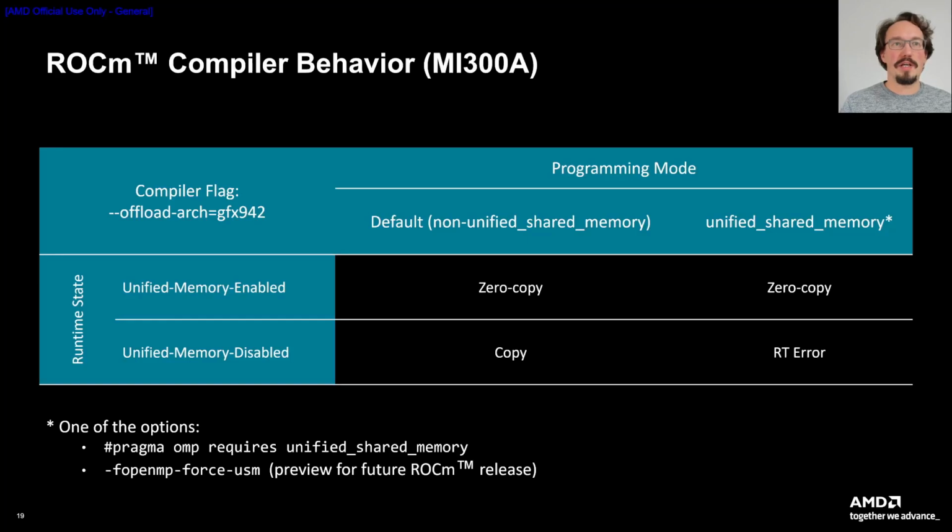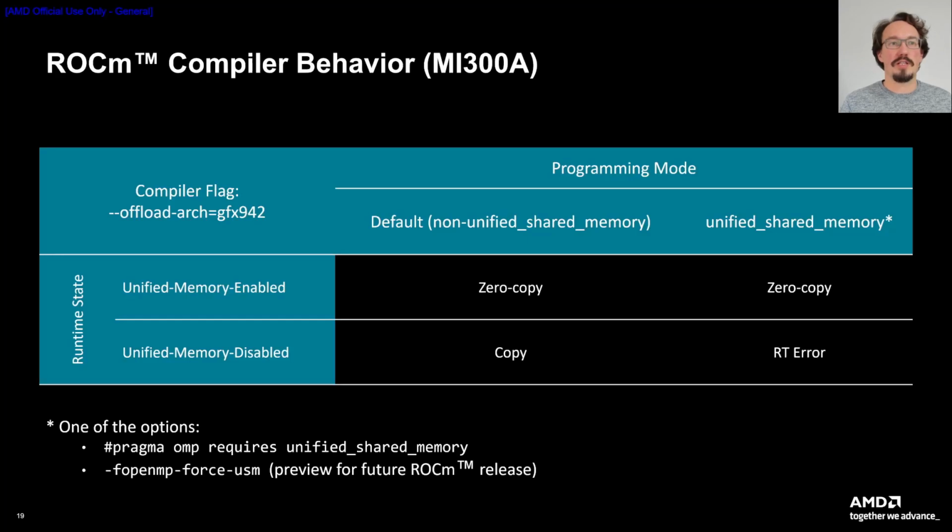We can now see that for a default application, meaning one that uses maps, and for a USM mode application, the one that uses OMP requires unified shared memory, the runtime will perform zero copy. For a default application running with unified memory support disabled, the runtime will fall back to the regular execution with explicit copies between host and device.